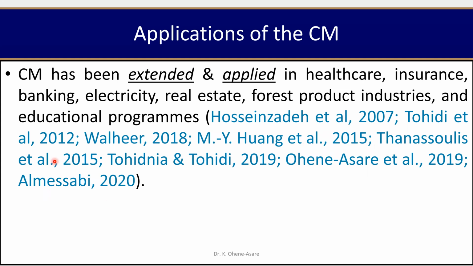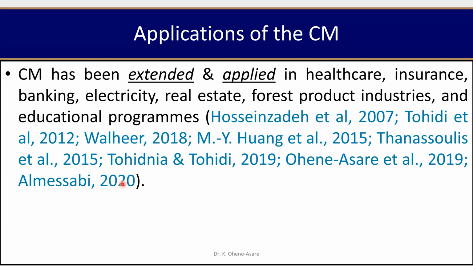Canasolis extended it to group cost Malmquist. Tohidi and Tohidina looked at profit Malmquist. Ohiniasari applied the cost Malmquist to the insurance sector and Amasebi. So all of these are extensions of the cost Malmquist.